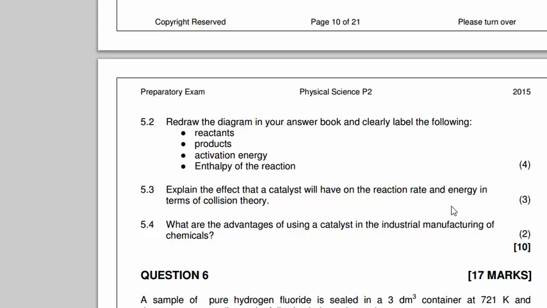Okay? Now, what are the advantages of using a catalyst in industrial manufacturing of chemicals? What advantage does it bring to use a catalyst? Just thinking, if you were a business person producing some sort of chemical, why would you look to add a catalyst to your reaction to produce this chemical?